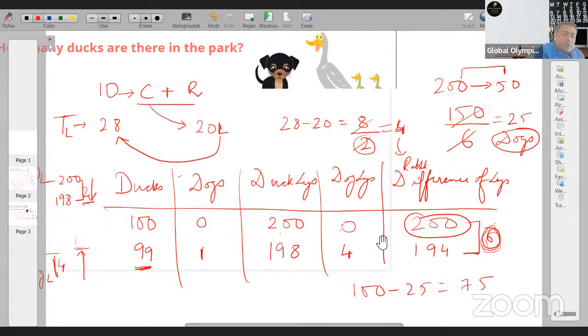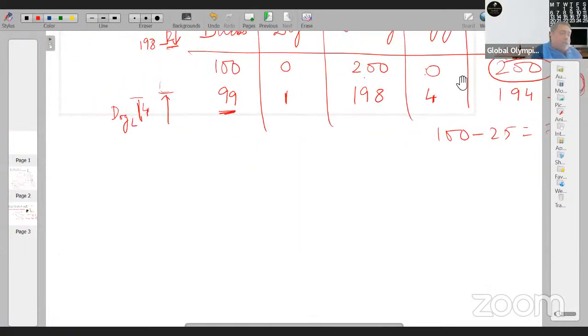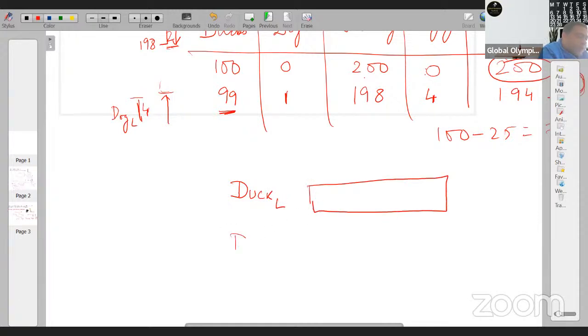Okay. Now we will explore another way where we'll use the bar model or unit model. So let's say I am saying that the duck legs are these many and dog legs are less. Less by how much? This is 50 legs, correct? Right, 50 legs. So this 50 legs will come from how many ducks?